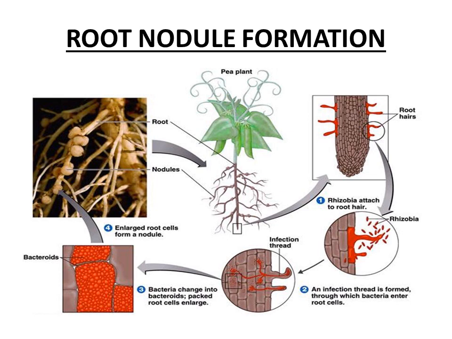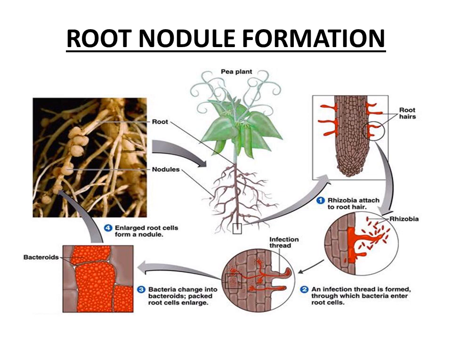Once again I will repeat, the different steps involved are: first one, recognition; the second, attachment of rhizobium onto the root hair; infection, that is the formation of the infection thread through which the bacteria can enter into the root cell.